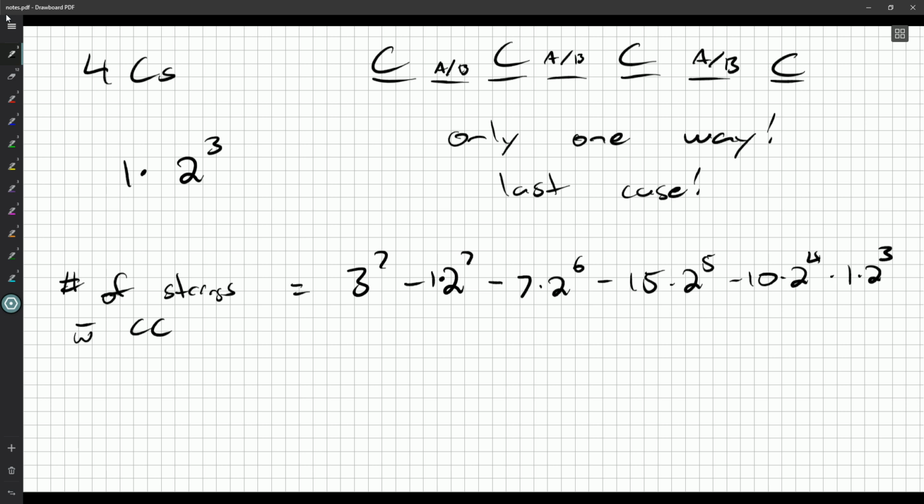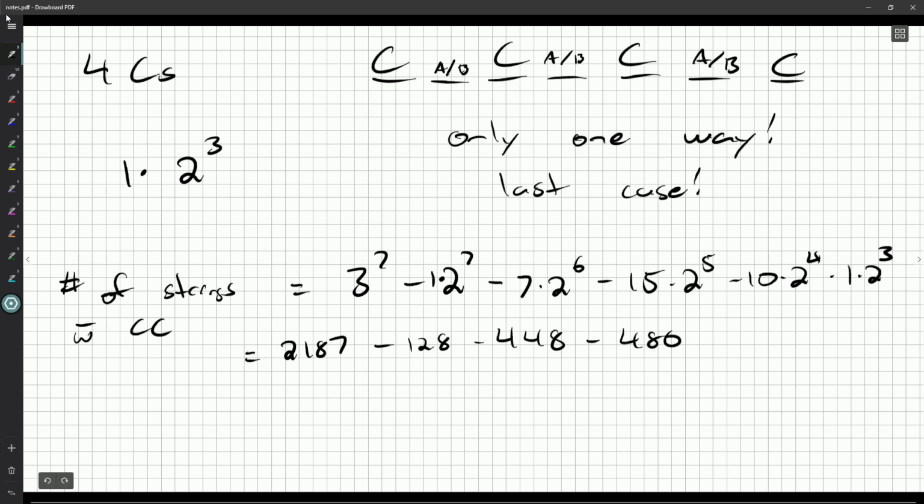3 to the power of 7, 2187. 2 to the 7 is going to be 128. 2 to the power of 6 is 64 times 7, 448. 15 times 32, 480. 10 times 16, well, that's going to be 160. And then minus 8.